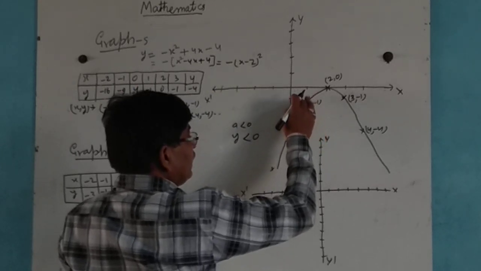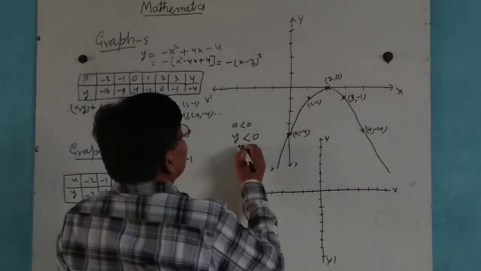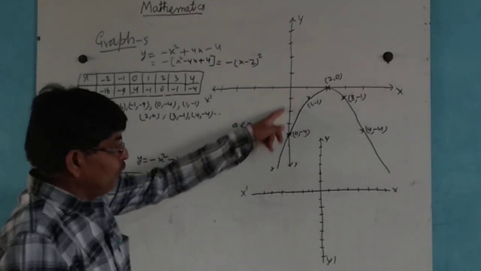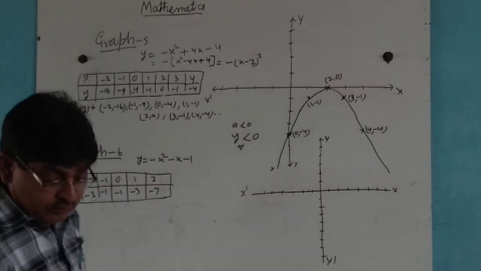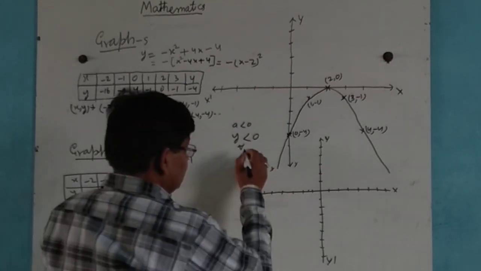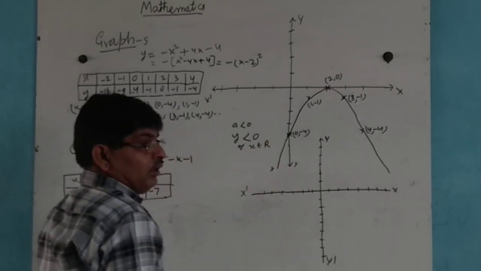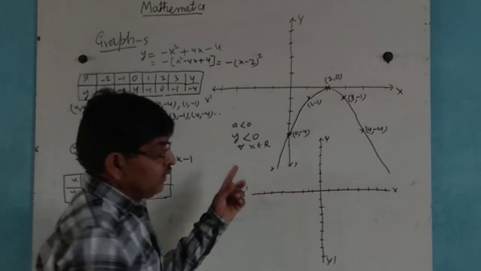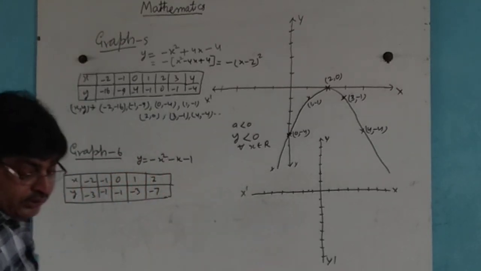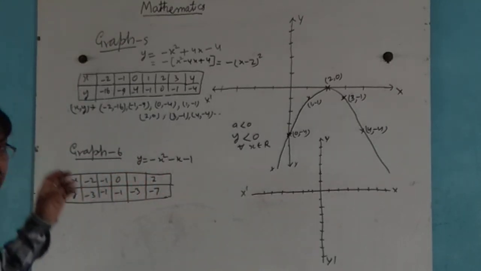Y less than 0, far off, value of y less than 0, far off. X belongs to R, where R is the real numbers. Next, now we see another graph.